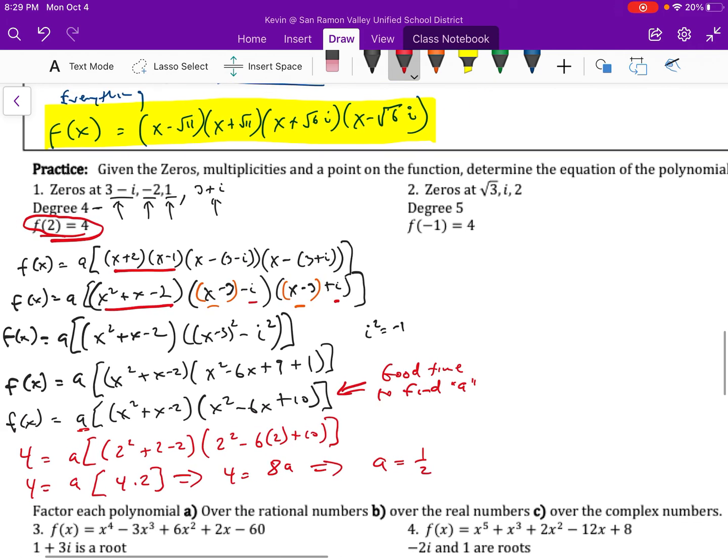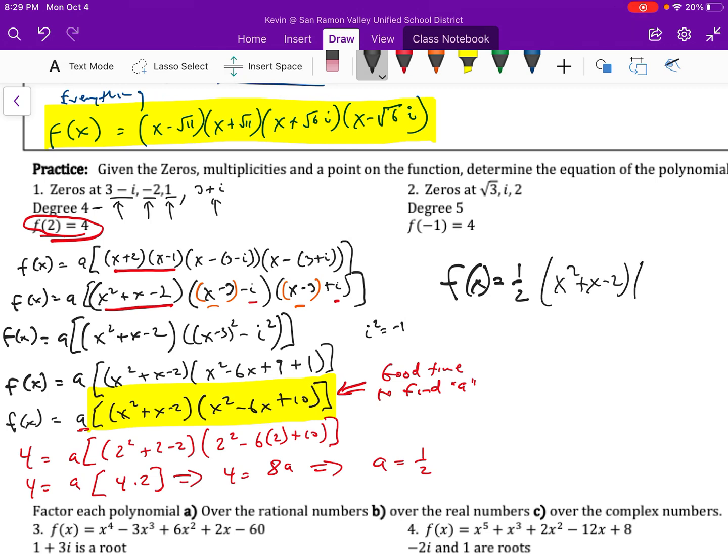Whew. All right, I'm going to have to go into my other page here. It's okay. So back to my work at hand. f of x equals 1/2, and I'm coming back to this equation here. x squared plus x minus 2, x squared minus 6x plus 10. And I've got to multiply all that together.